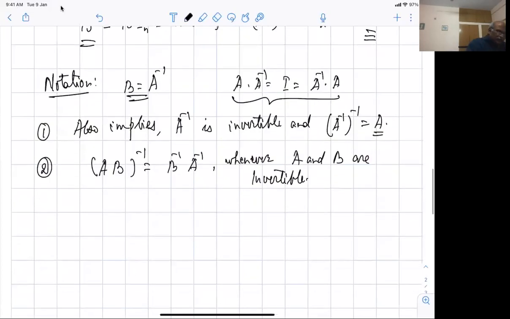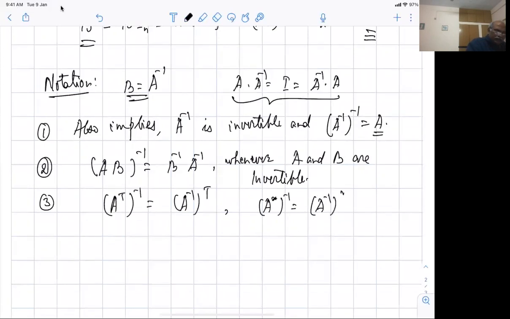Similarly, it goes nicely with transpose also. A transpose inverse is the same as A inverse transpose, and A star inverse is the same as A inverse star. I'm assuming that A is invertible, B is invertible, and therefore these things happen. Fine. So invertibility, I have given you some ideas.